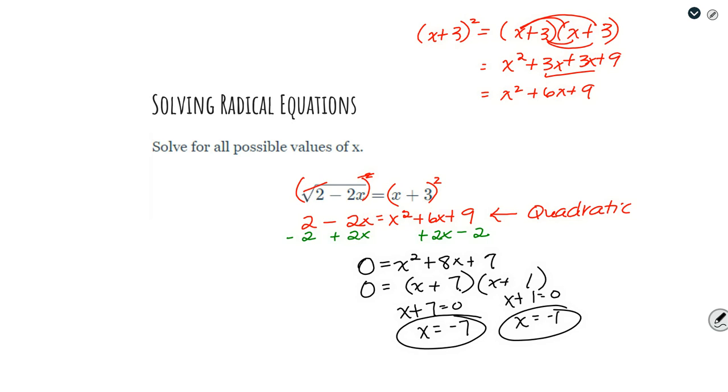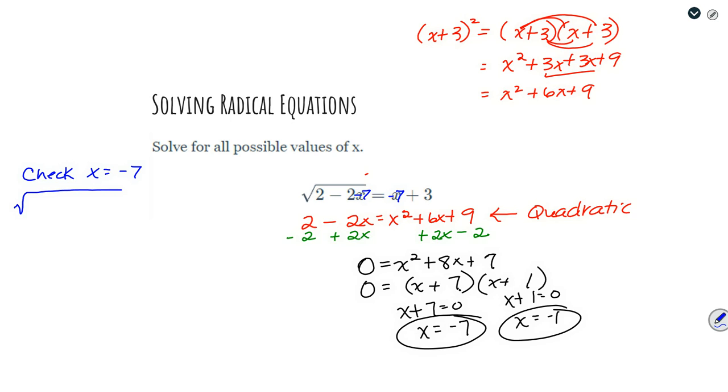But don't forget, we have to check for extraneous solutions. I've got 2 solutions here that I need to check. The first one I'm going to check is negative 7, which means I'm going to take this equation here and substitute in negative 7 every time there's an x.